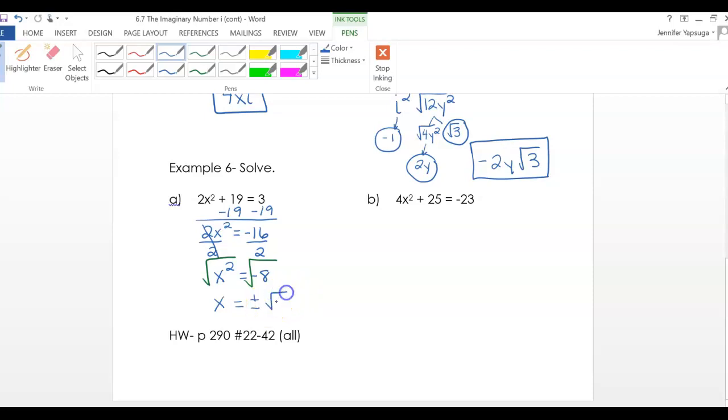the square root of negative 8. And then I'm going to break that down so that I have an imaginary number. So this becomes the square root of negative 4 and the square root of 2. So therefore, I have plus or minus 2i, because that's what my answer would be when I take the square root of negative 4, times the square root of 2.